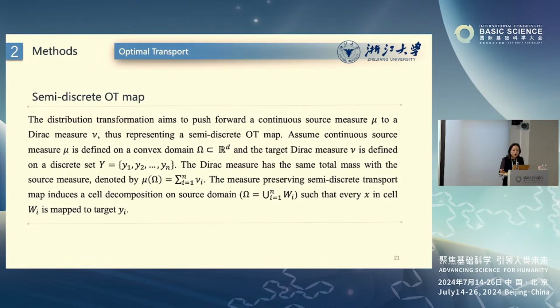So in OT map, assume direct measure nu is defined on the discrete set. So the same, so the measure pre-measures a cell dependent.